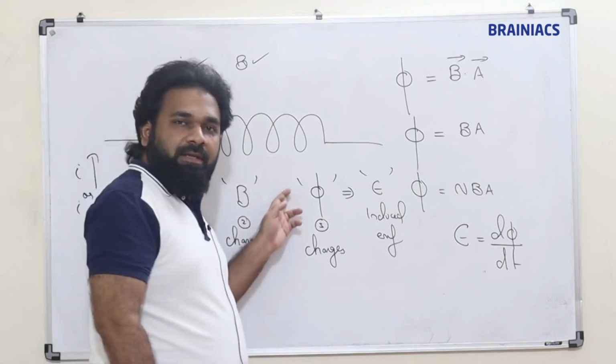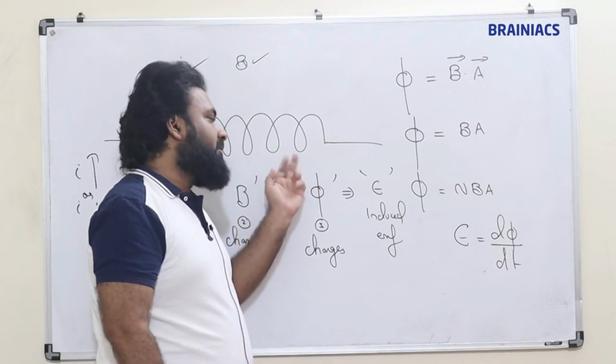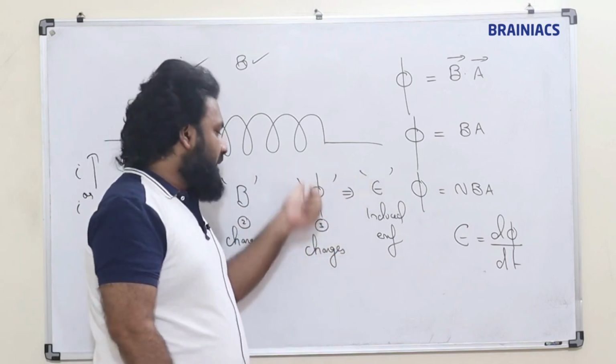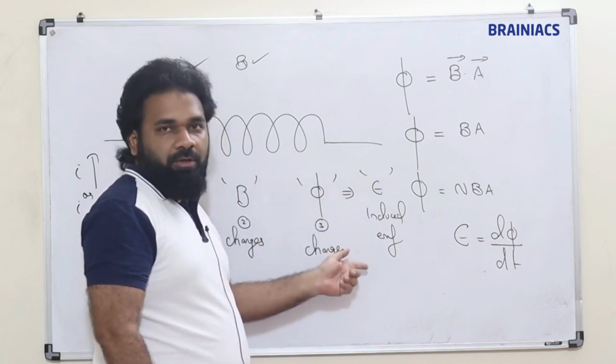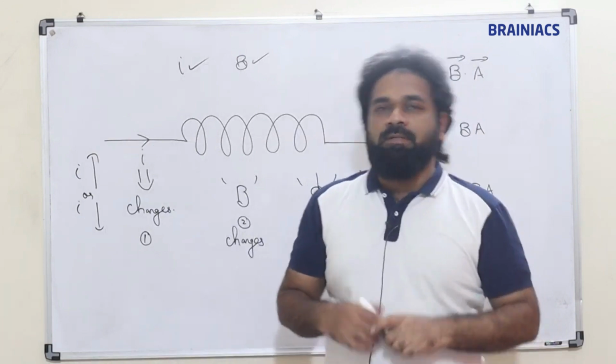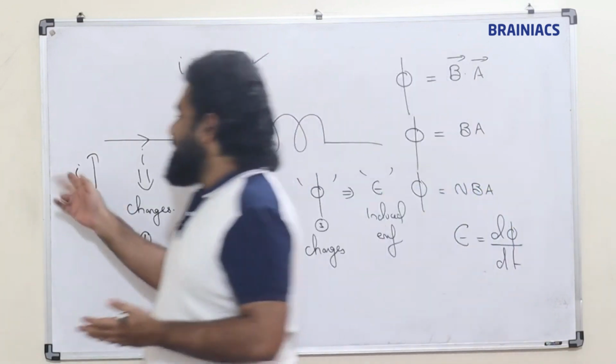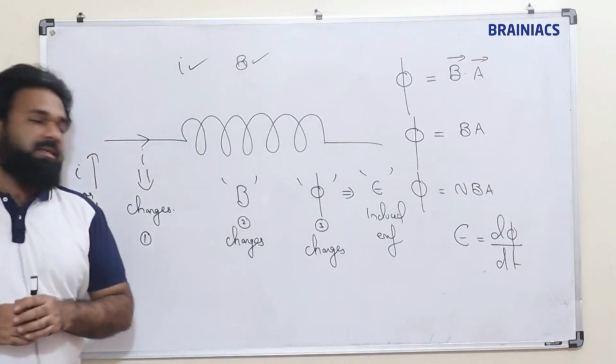When magnetic field increases, this flux also will increase. When there is change in flux, EMF will be induced. Whether flux increases or decreases, EMF will be induced, but the direction of EMF will be based on that. This is the primary reason for this induction.